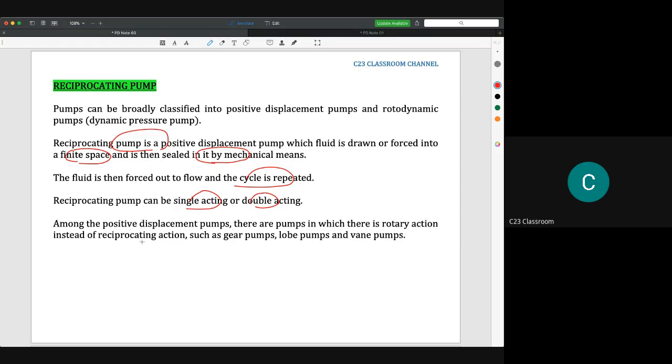A few types of positive displacement pump were explained previously, for example gear pumps, lobe pumps, and so on.